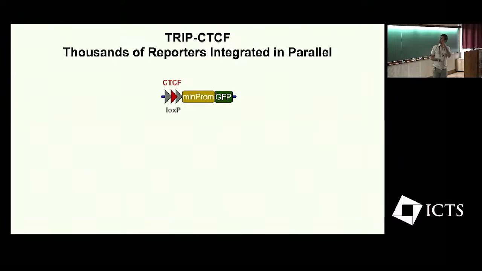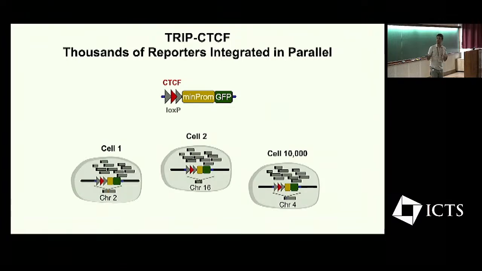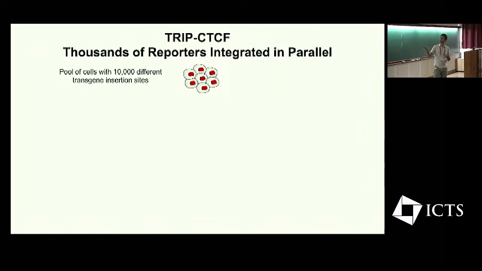We developed a technique that we borrowed from the Bas van Steensel lab, where we use a reporter in which expression of GFP is driven by a minimal promoter whose activity is controlled by endogenous enhancers. Then we put a CTCF motif flanked by loxP sites. We insert this into thousands of cells, and so we end up with a pool that has 10,000 different transgene insertions in different sites throughout the genome.